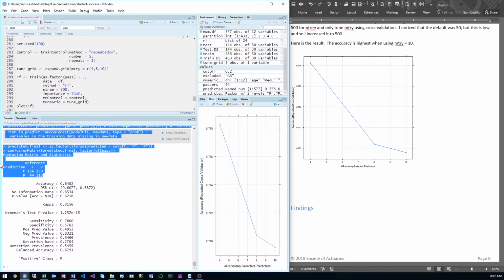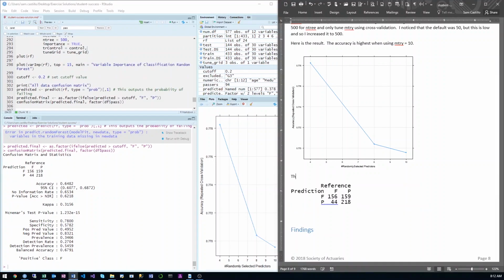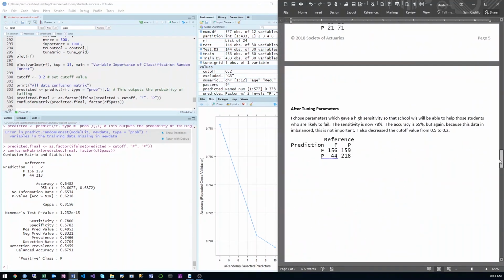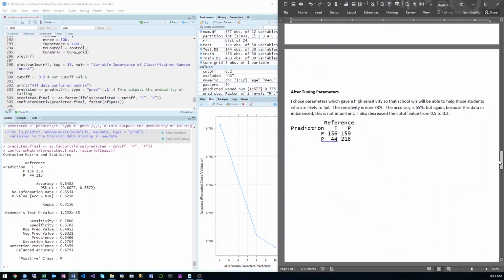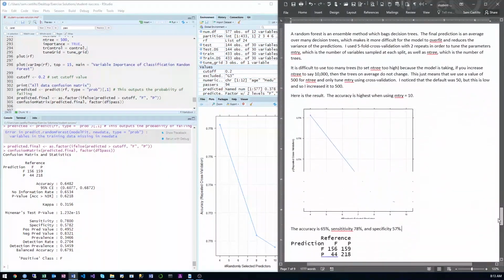Confusion matrix. So the accuracy is 65%, sensitivity 78%, specificity 57%. It's actually not that much better than a decision tree.